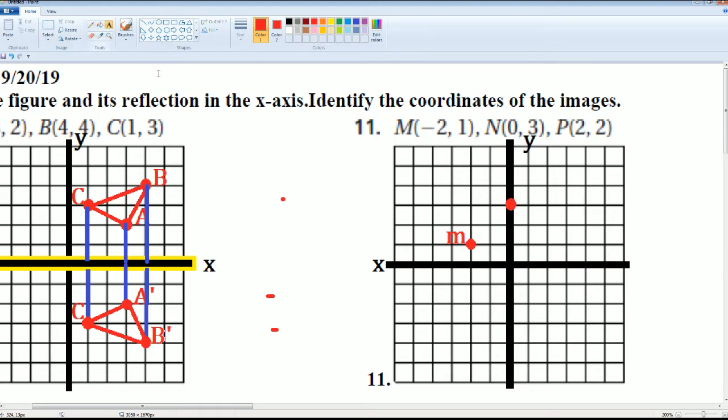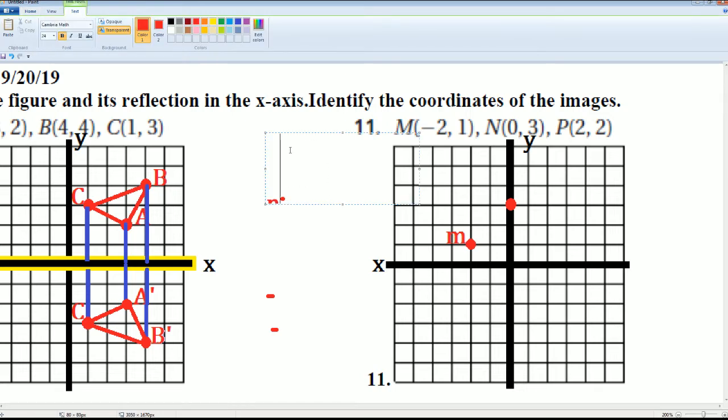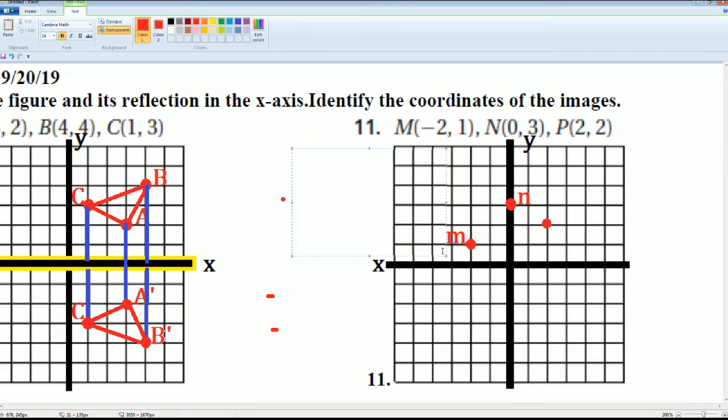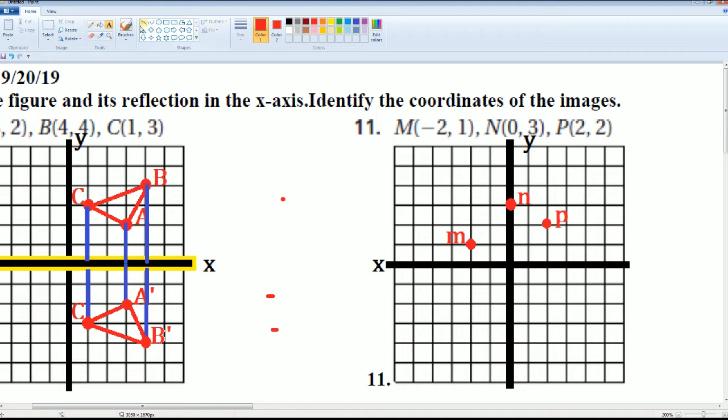And we call that N. P, which is 2, 2. 1, 2. 1, 2. Call that P. And let's connect that. Here's P, N to M.